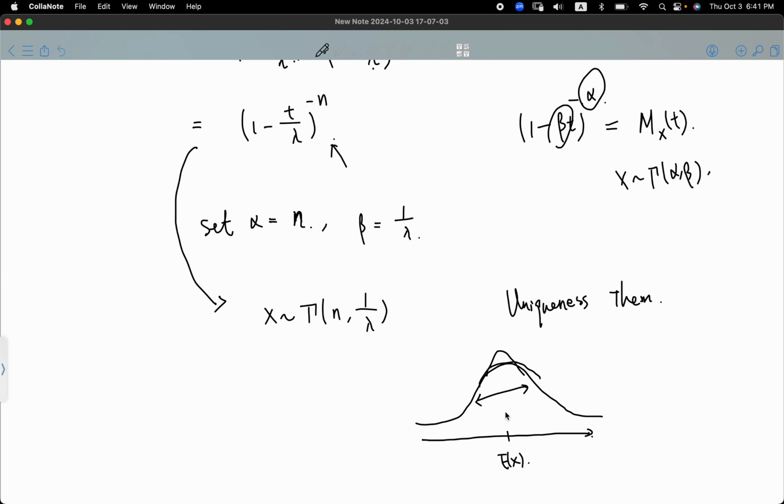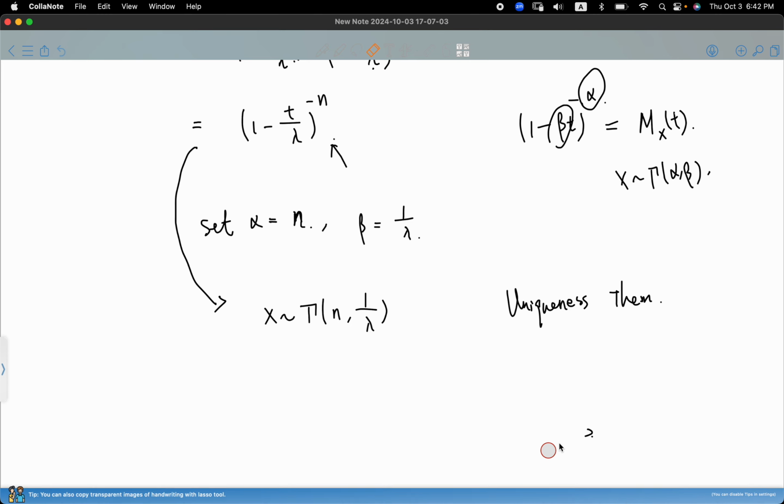If you have a moment generating function, you can describe all the moments of this distribution, so you essentially recover the same distribution. That is the reason why, when you mimic a moment generating function, you can say that the new random variable is mimicking the random variable that you already know. That is the idea of the uniqueness theorem: you are mimicking all the moments, and so you are mimicking exactly the same distribution.